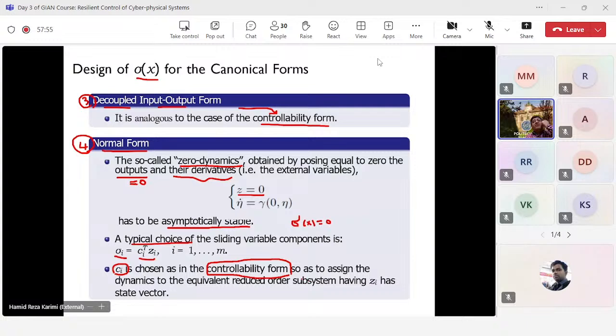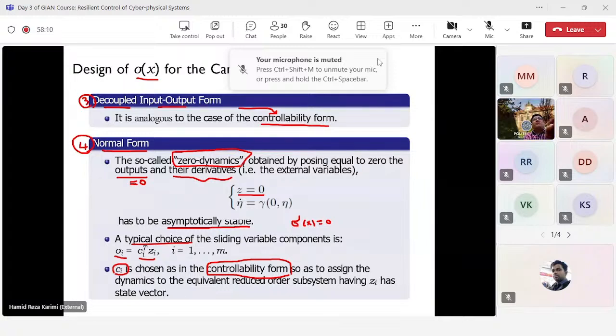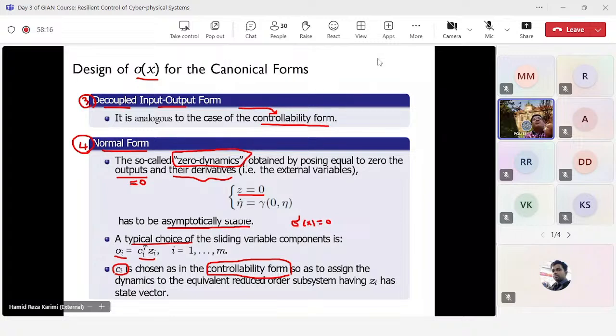Okay, so now you can see that this is basically another canonical form, and it's very important because you know that zero dynamics is very important in control. Why? Because the zero dynamics is an internal dynamics, and it brings the output to zero.